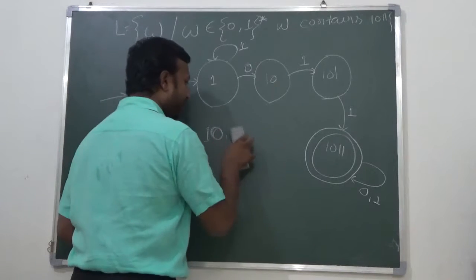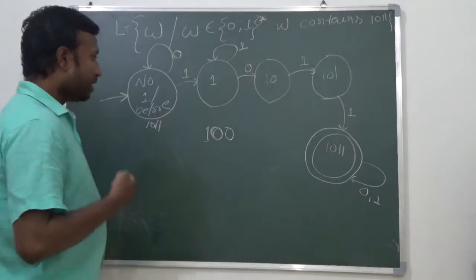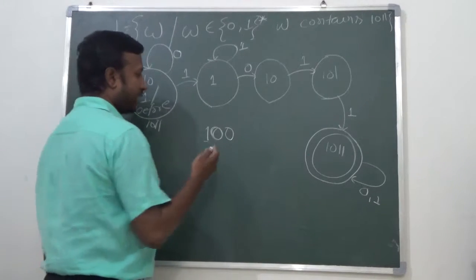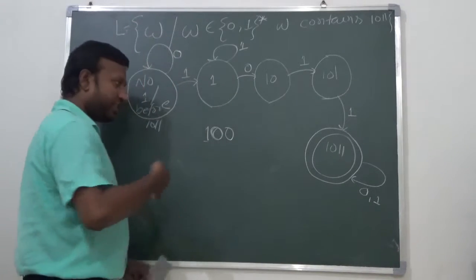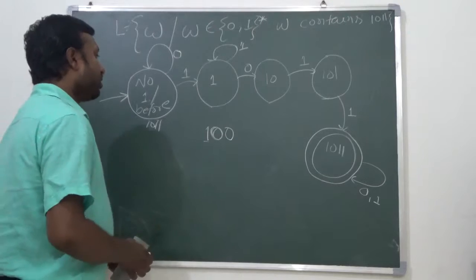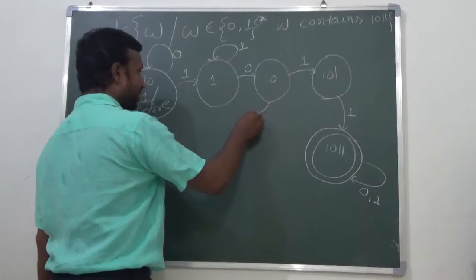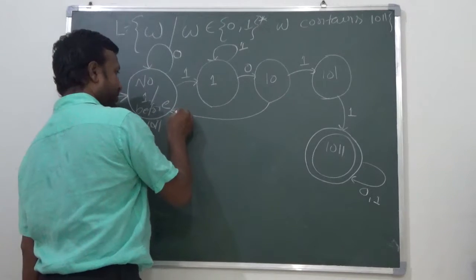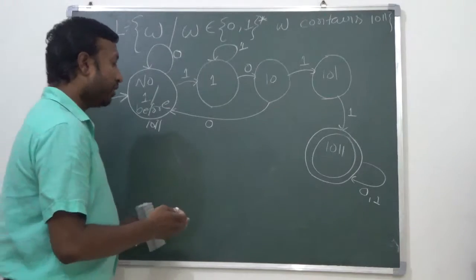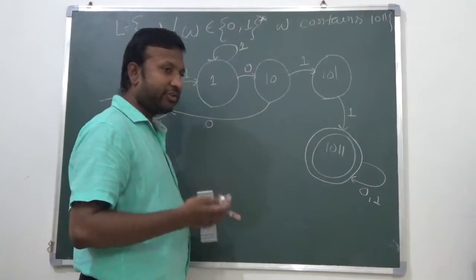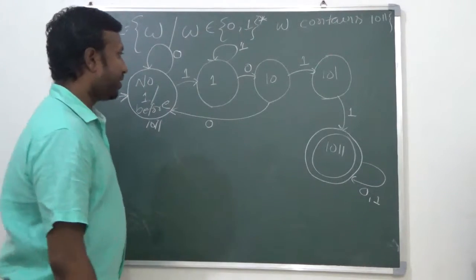But if we are seeing a 0, then the actual pattern 1011 must be lost. So we need to rethink and reprocess. We will come back to the start and say we have not seen anything useful yet, and whatever we have seen useful is lost. So we need to process from the start.